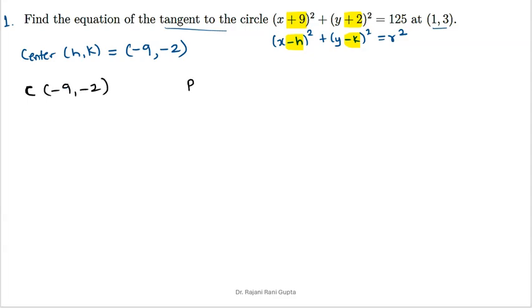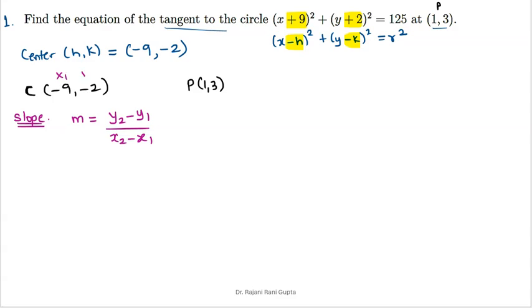What is the other point? Let's name this as point P, (1, 3). Can you find the slope of the line joining these two points? Yes, we know the formula for slope, which is m equals y2 minus y1 over x2 minus x1.